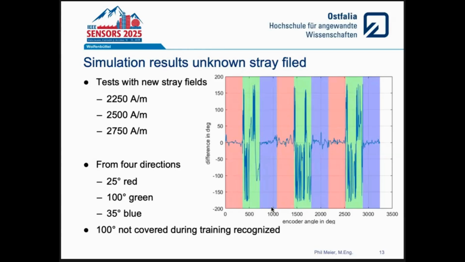They are grouped in 3 colors by stray magnitude: 2.25 kiloamps per meter, 2.5 kiloamps, and so on. Red, green, blue are different angles of attack. You can see the 100 degree field, the green angle, also shows a high difference, and we can notice that this angle was not covered during the training set. So we can give a bit of insurance on whether our results are reliable or not.